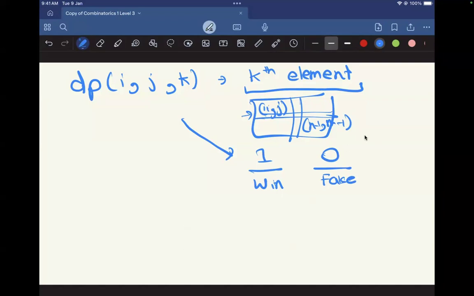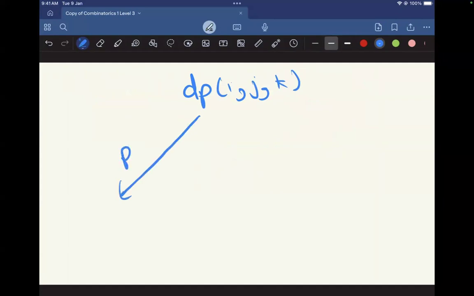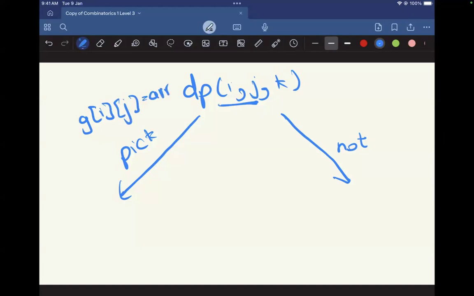Yes? Okay. Now, if this much is clear, for DP[i][j][k], I have two choices: either to pick up the ijth element or to not pick it up. Do you guys agree that to pick it up, the condition that should be satisfied is G[i][j] is equal to ARR[k]?